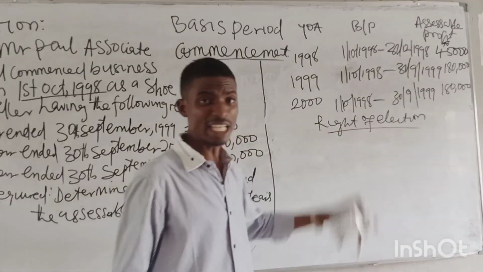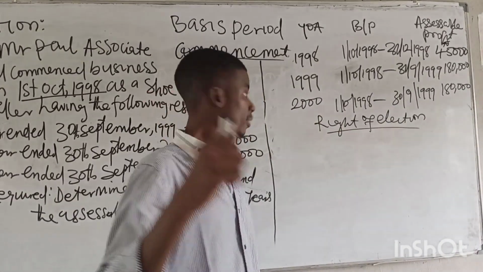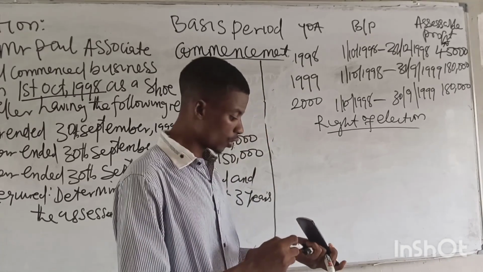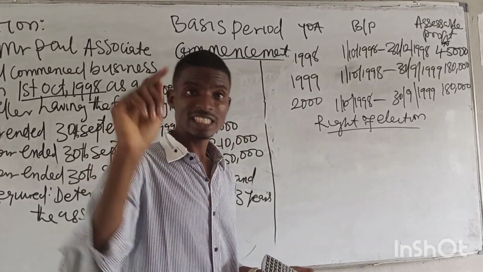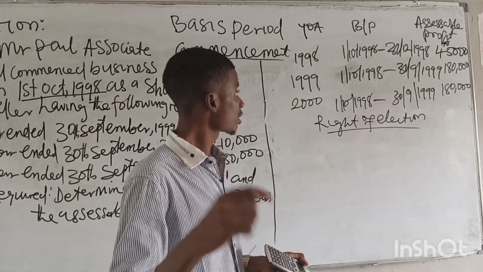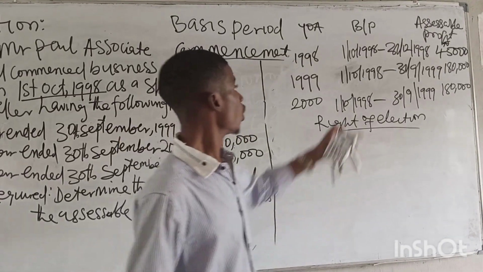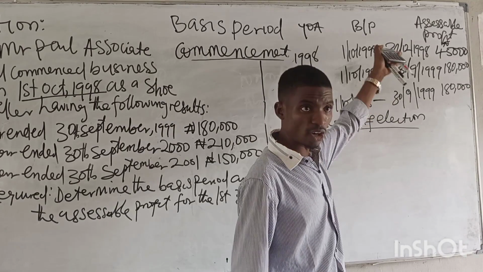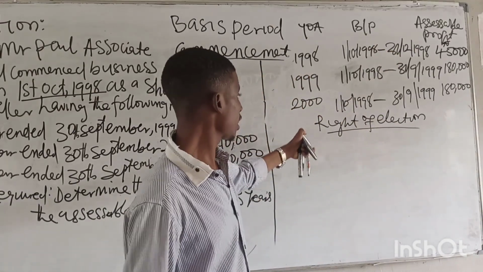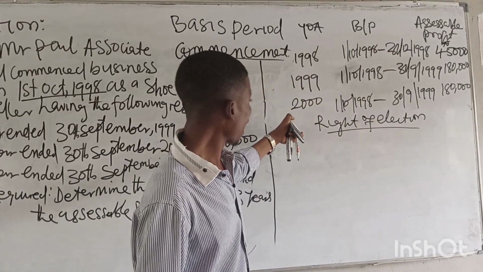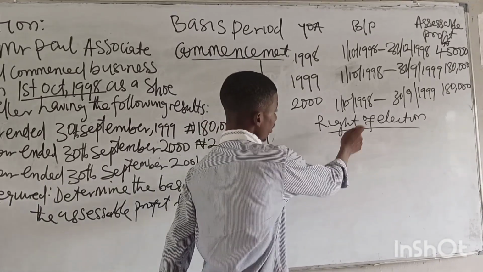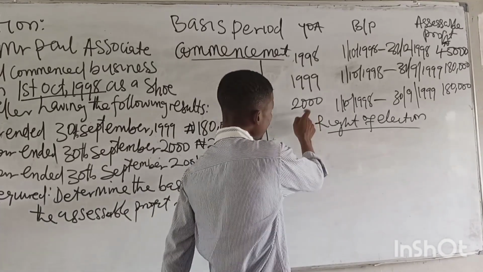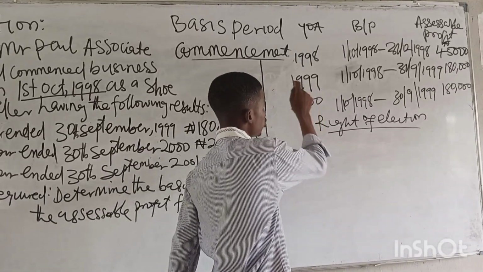Under this right of election, the taxpayer has the right to ask the tax authority either to subject him to tax using this normal basis period, or to subject him to tax on actual year basis. Because under this right of election, the third year is still going to be on actual year basis.